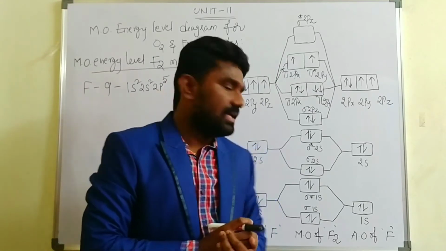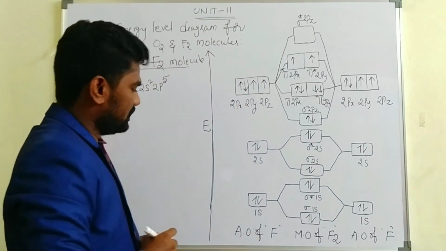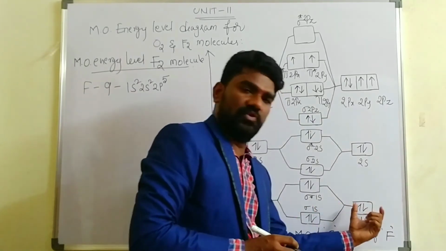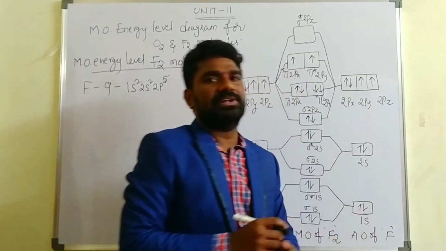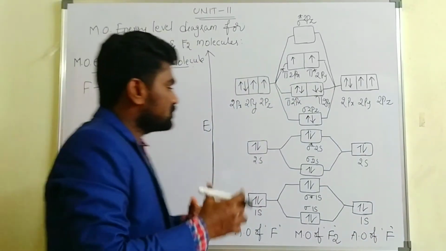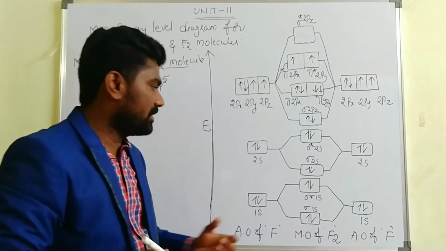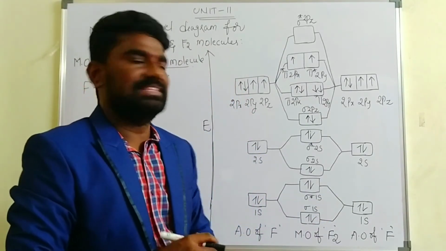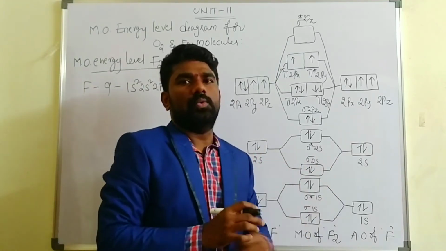In this case also, one s orbital from one fluorine atom and another s orbital from the other fluorine atom will come together, overlap and form the sigma 1s and sigma star 1s of the fluorine molecule. In the same way, the 2s also will overlap.